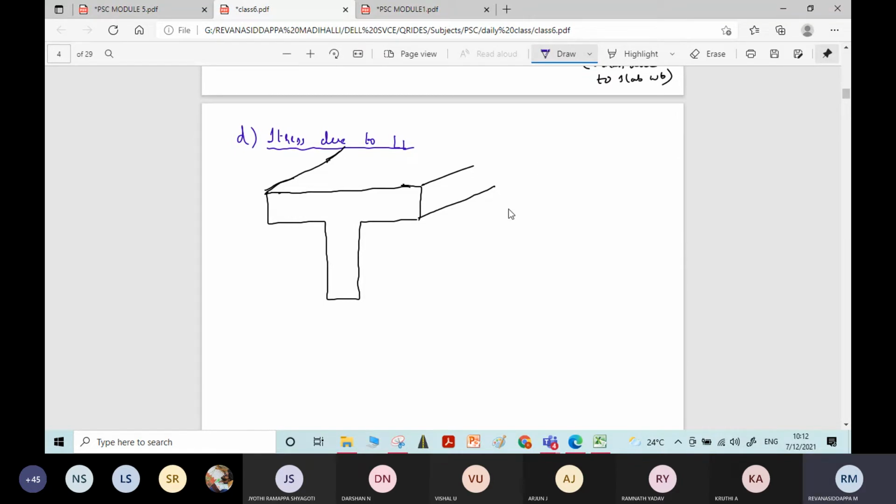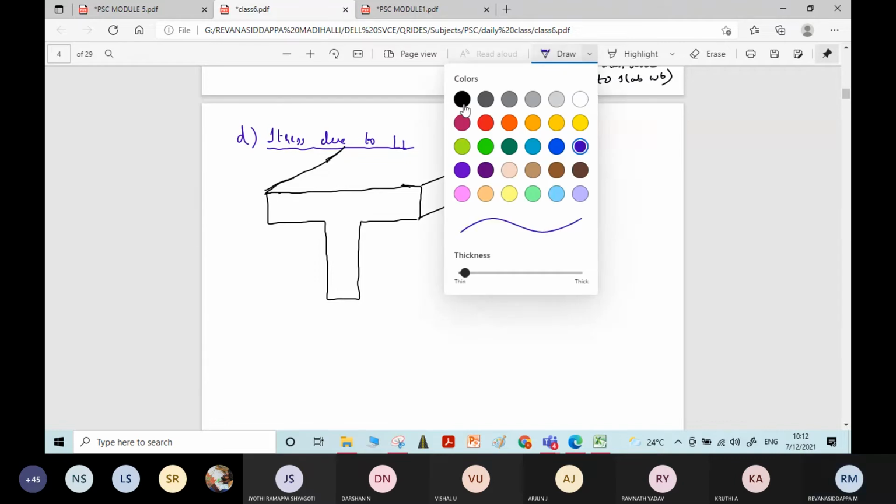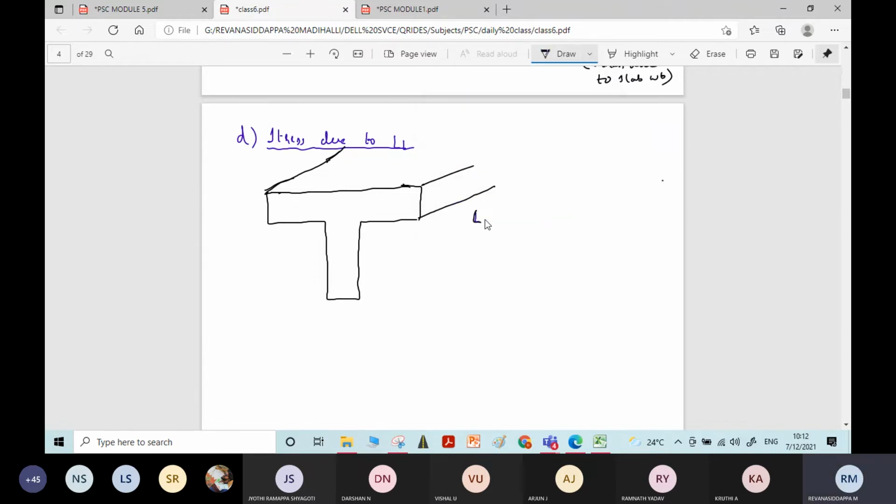Live load on the composite section is equal to, it is given as 8 kN per meter square. 8 into, you convert that into per meter length.